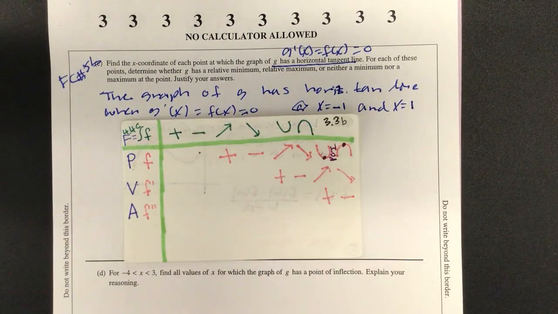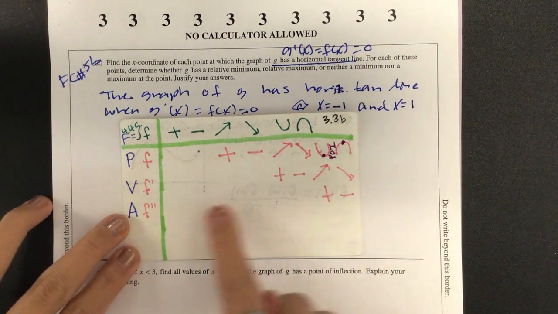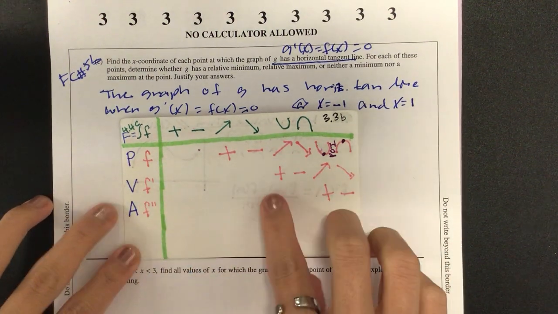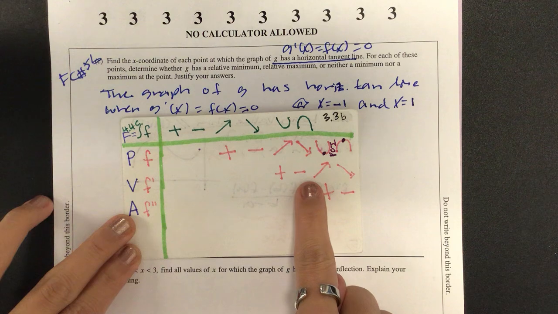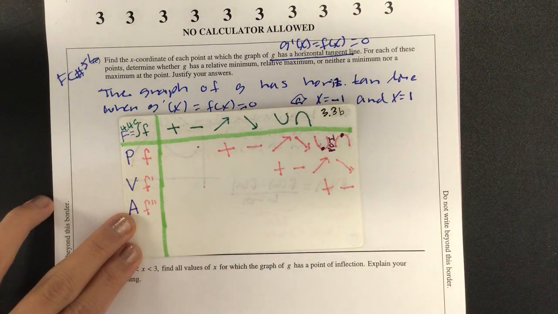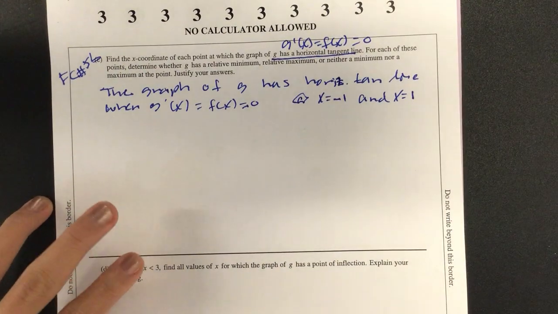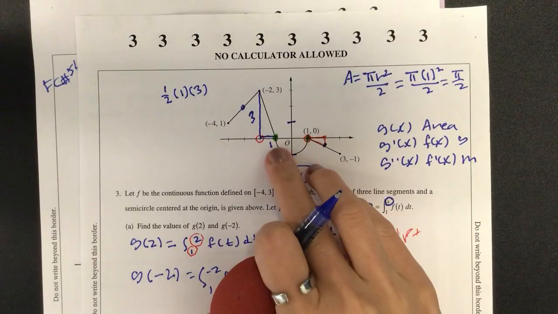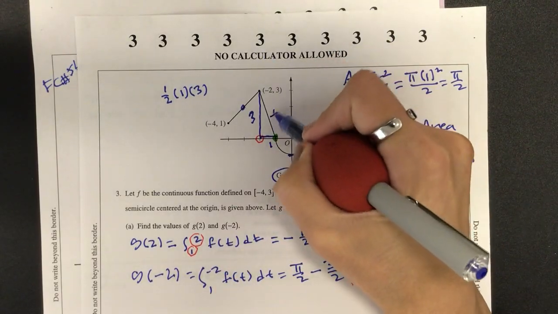So here I go. Eyes on the board. If I go from positive to negative, is that a maximum? Do we all see that? So the vice versa would be if I go from negative to positive, it is a minimum, correct?